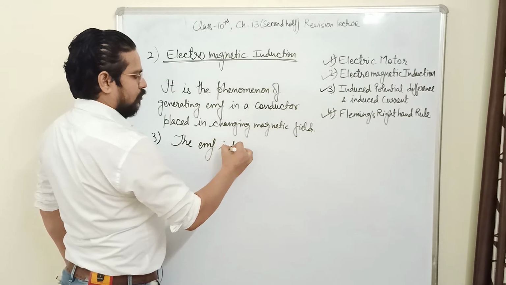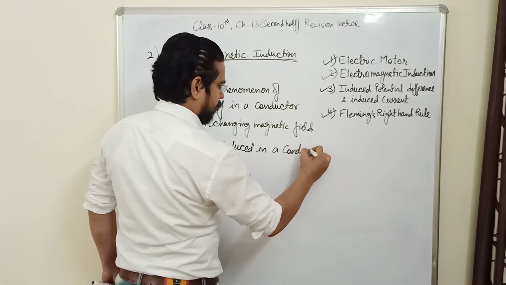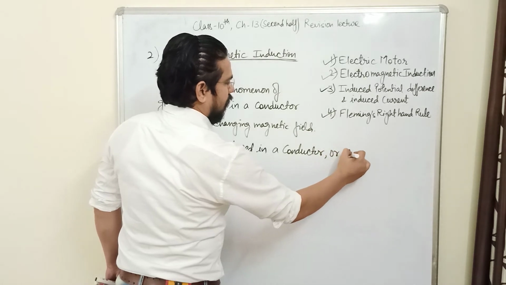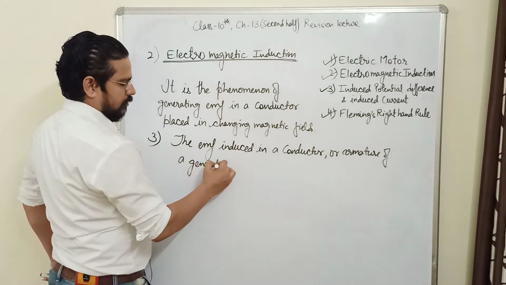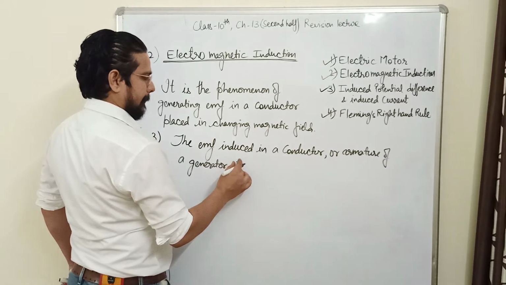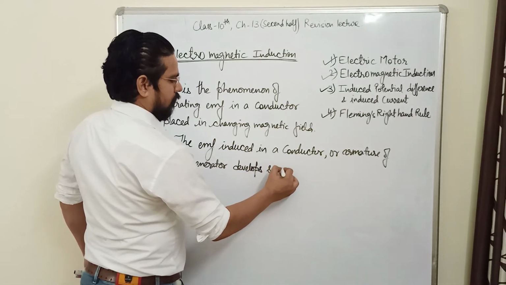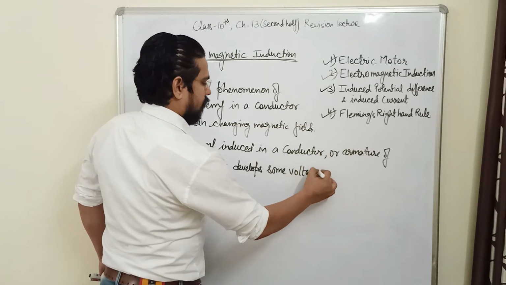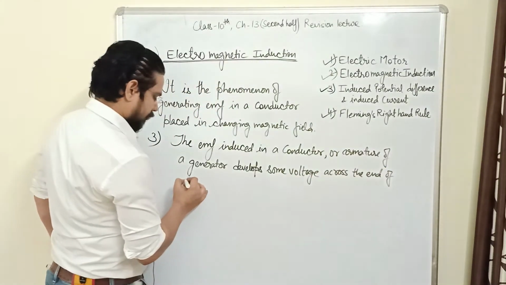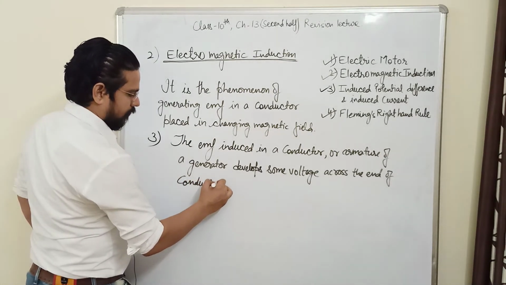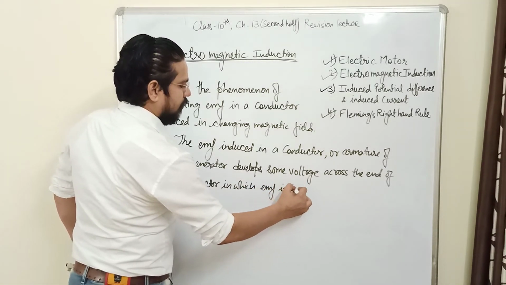The EMF induced in a conductor or armature of a generator develops some voltage across the ends of the conductor in which EMF is induced.